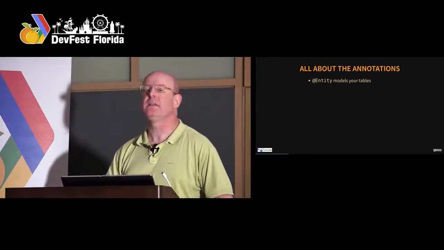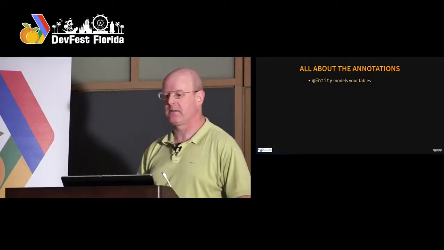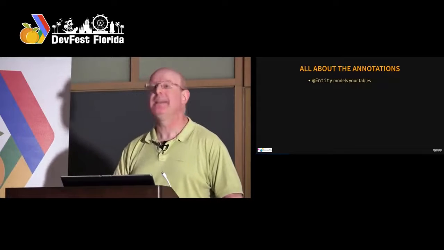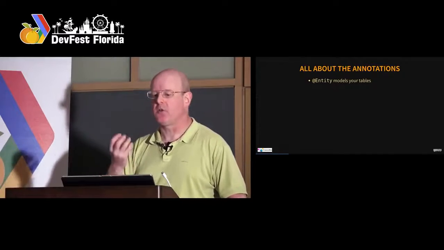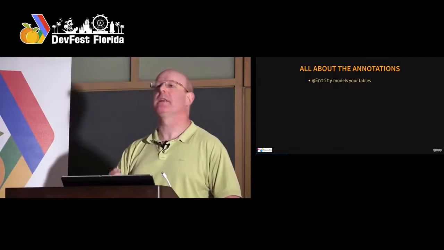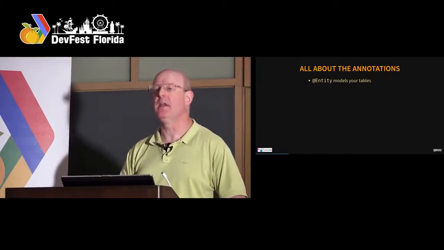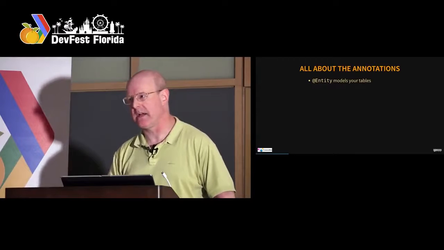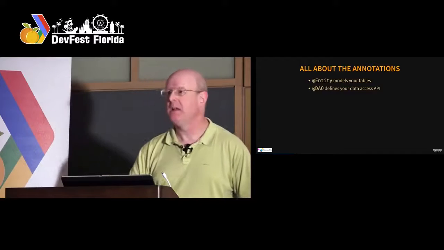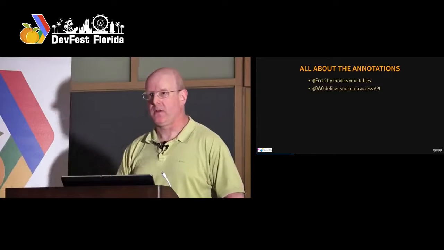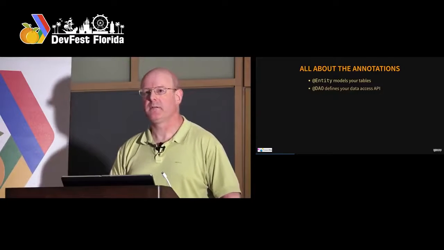There are 3 annotations that are going to be central to what we're going to be creating in Room. The entity annotation you'll add to POJOs. These are what are going to model your table structures. You are going to have fields on those POJOs, and those are going to map frequently one-to-one to columns inside of a SQLite table. You're going to have a DAO annotation on some other abstract class or interface.